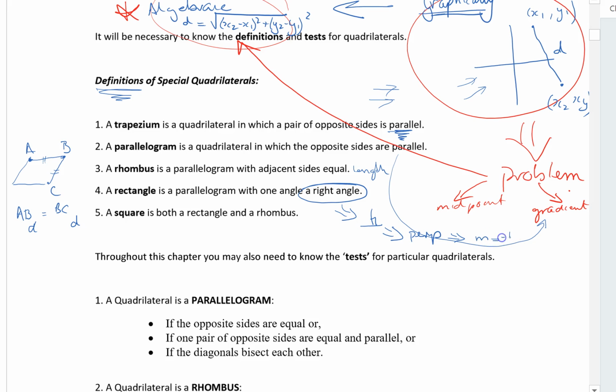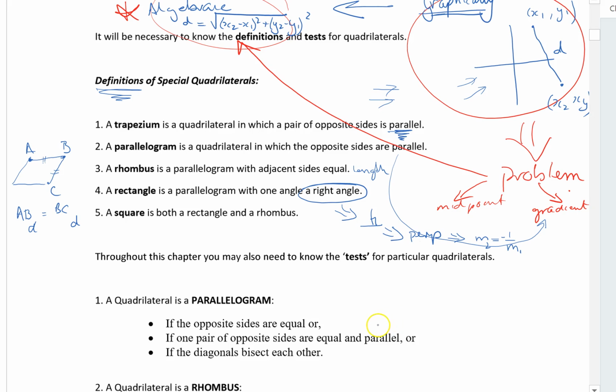The gradient of one is minus 1 over the gradient of the other one. So we're using our gradient formula. The moment we start talking about right angles, perpendiculars, even parallel gradients, the gradient formula will come to mind. A square is both a rectangle and a rhombus.